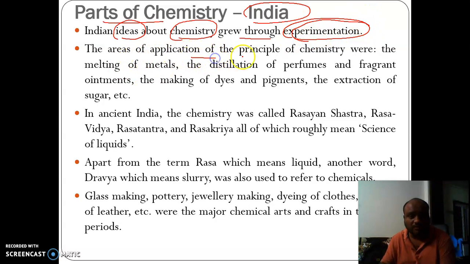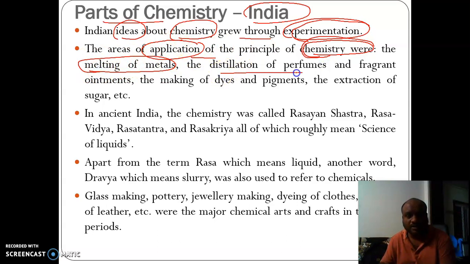The areas where the principles of chemistry were applied are melting the metals, distillation of perfumes and fragrant ointments, making of dyes and pigments, extraction of sugar, etc. So in melting processes, distillation, making of dyes and extraction processes, we use the applications of chemistry.